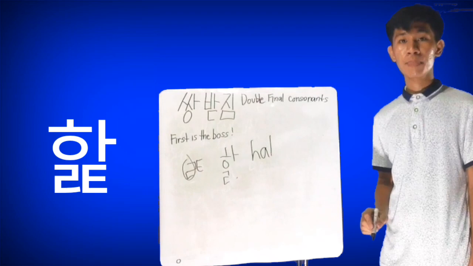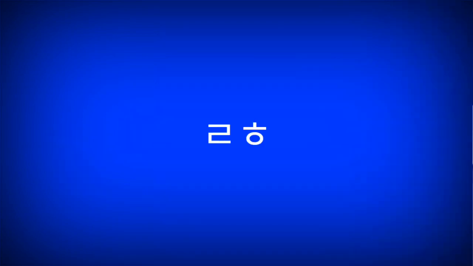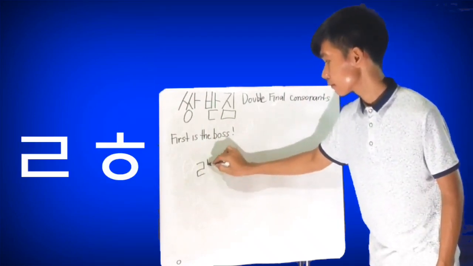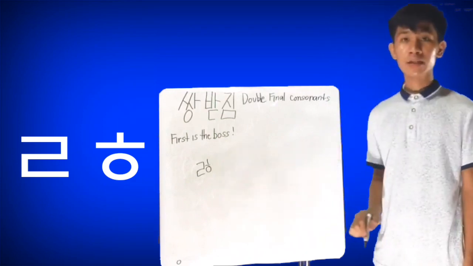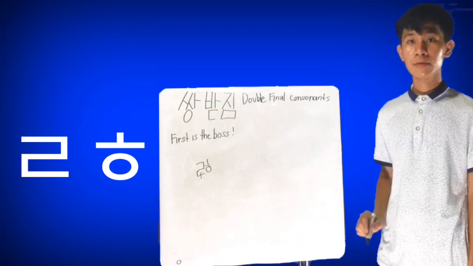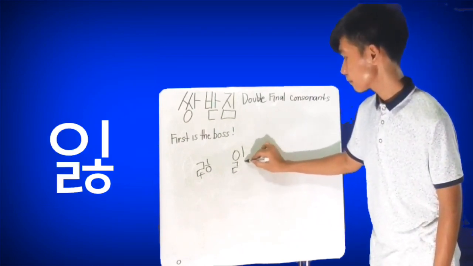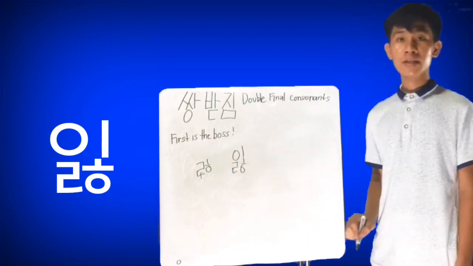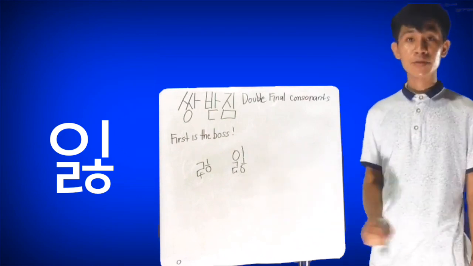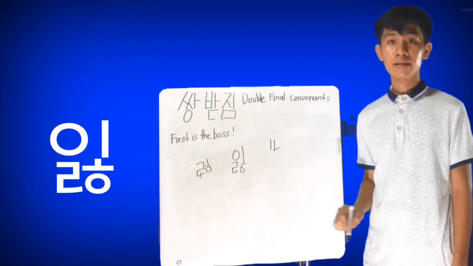Then let's proceed to the next sang pachim, real hit. The first one is dominant. For example, il, il, because this one is dominant, so it should be pronounced like this, il.